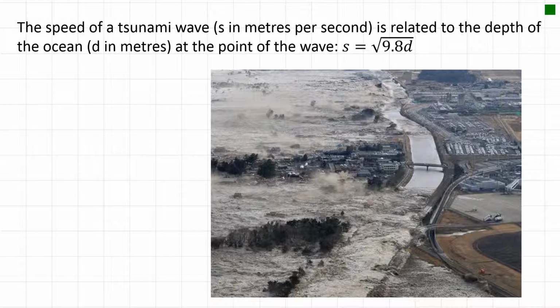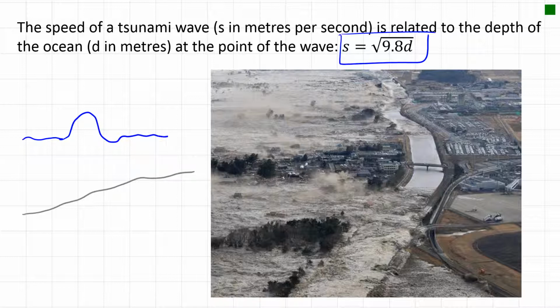So S is equal to the square root of 9.8 times D. What that means is that if you have the bottom of the ocean changing in depth and a wave above it, let's take a tsunami wave, the depth of the ocean underneath the wave affects the speed.